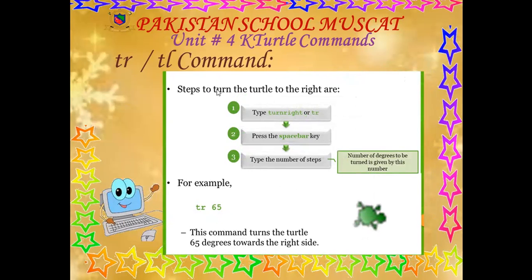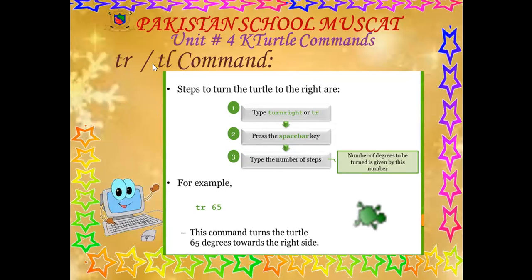So TR stands for turning right, and the number of degrees which you want to apply, like over here in the example you can see we can turn the turtle with TR space 65, that will be the degrees towards the right side. Now in the same way we will follow for the TL command, turning the turtle towards the left side, and again the degrees of the commands we can give. That was an overview, and we have already practiced these commands.